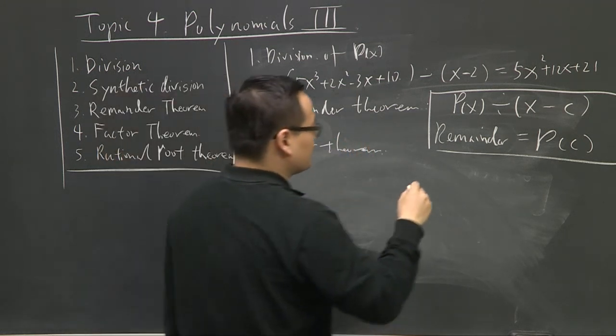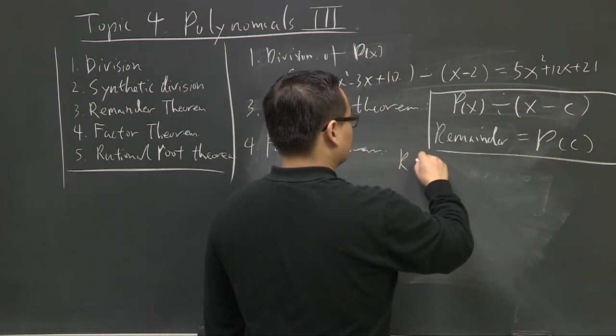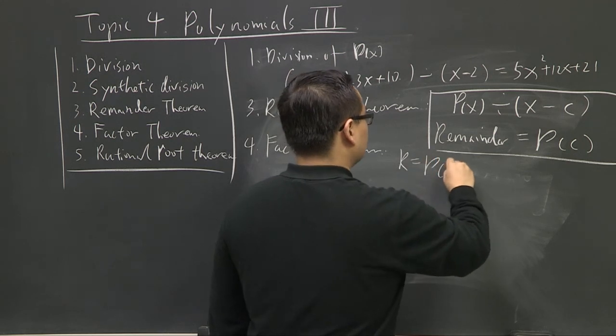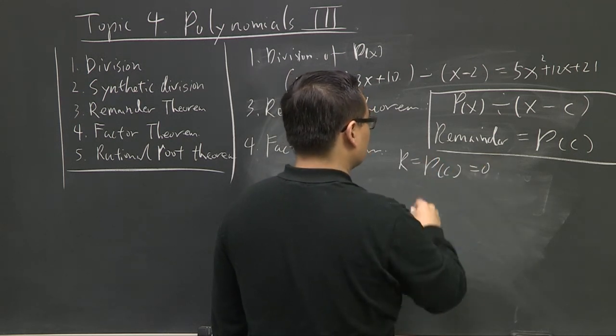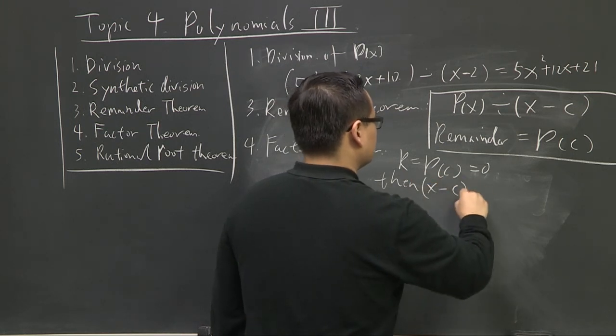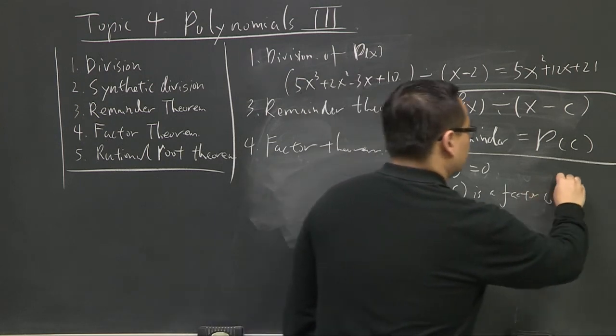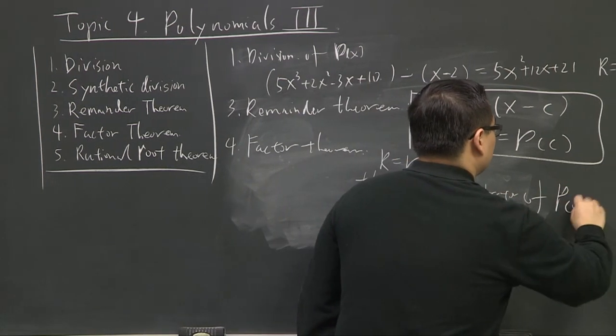Right? The factor theorem simply says if the remainder, which is P of c, is equal to 0, then x minus c is a factor of P of x.